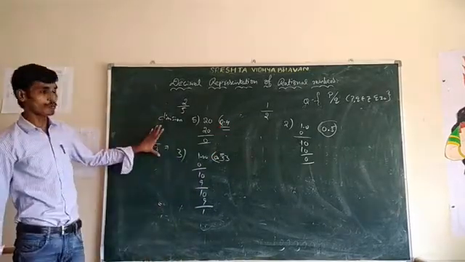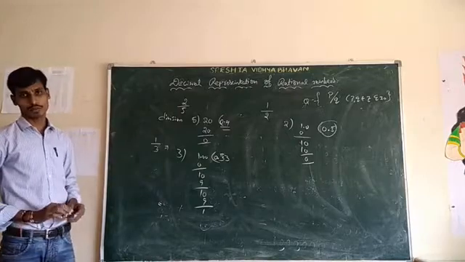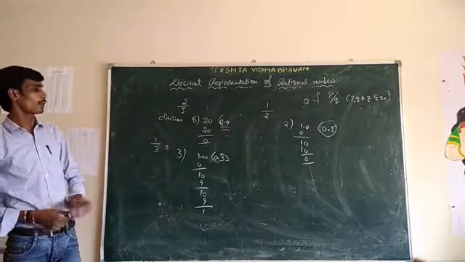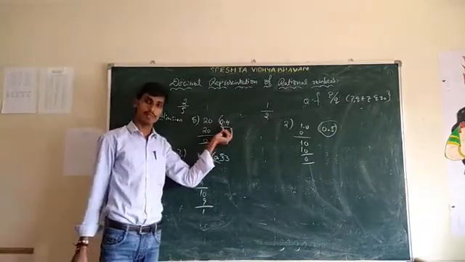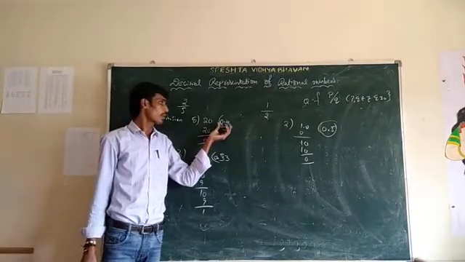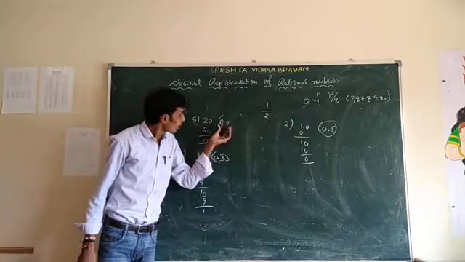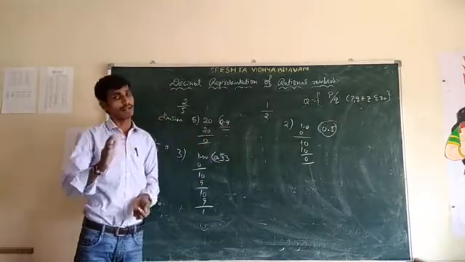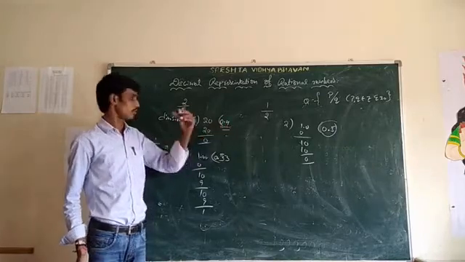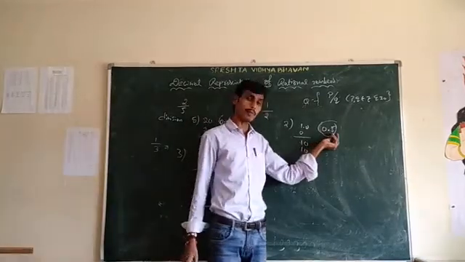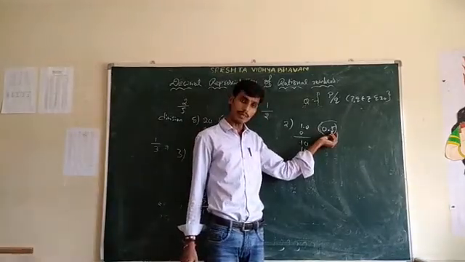So by observing these 3 examples, 2 by 5 gives 0.4 and 1 by 2 gives 0.5. That means the decimal part has a finite number of digits.